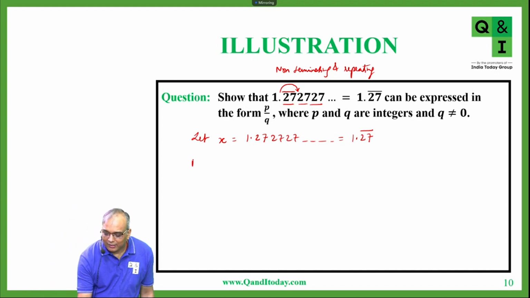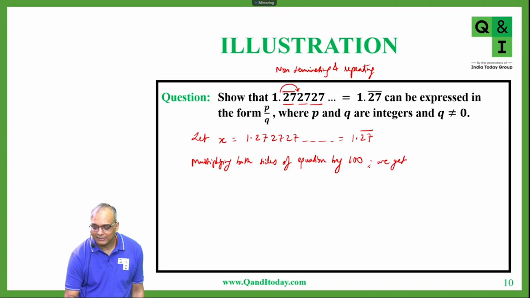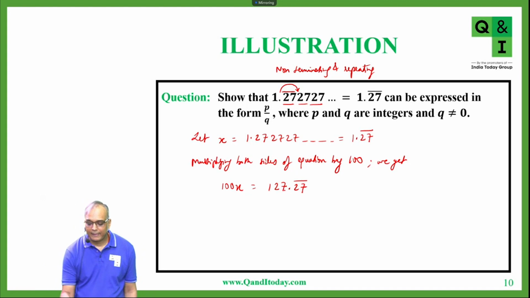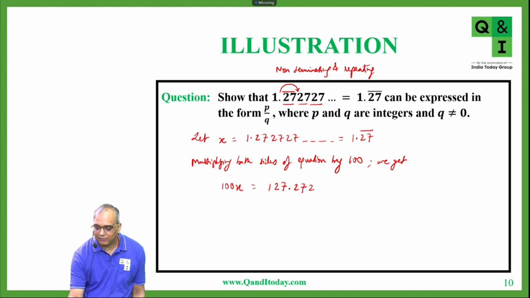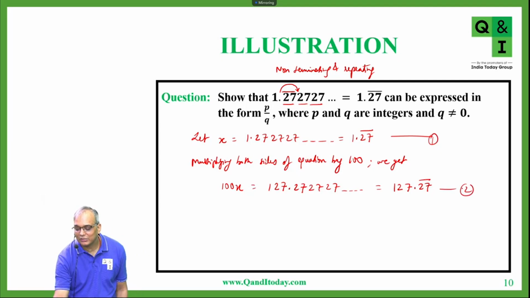So multiplying both sides of the equation by 100, we get 100x is 127.27 bar, or you can write it 272727 repeating, that is 127.27 bar. So this is your equation number 1 here, and this is your equation number 2.